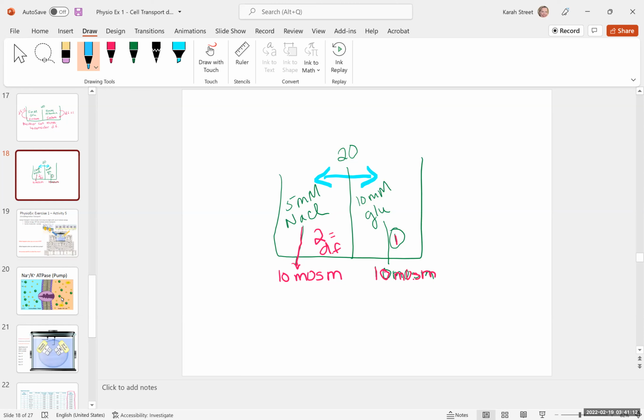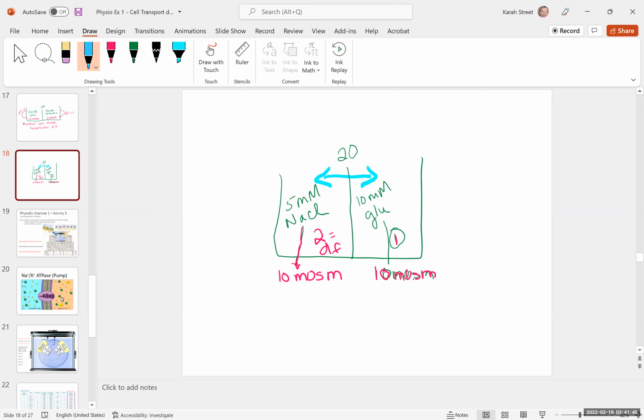Well, sodium chloride has a dissociation factor of 2. So 5 millimolar times 2 will give me 10 milliosmolar. Glucose is at 10 millimolar, and it has a dissociation factor of 1. So that means 10 millimolar of glucose will be 10 milliosmolar. Notice both chambers have the same milliosmolar concentration.